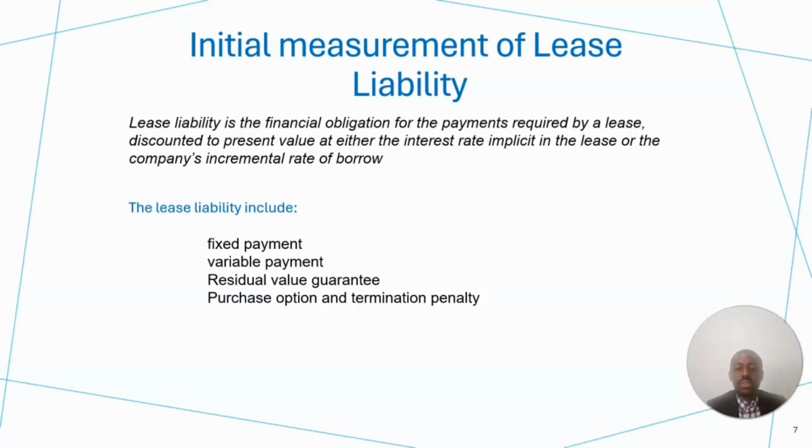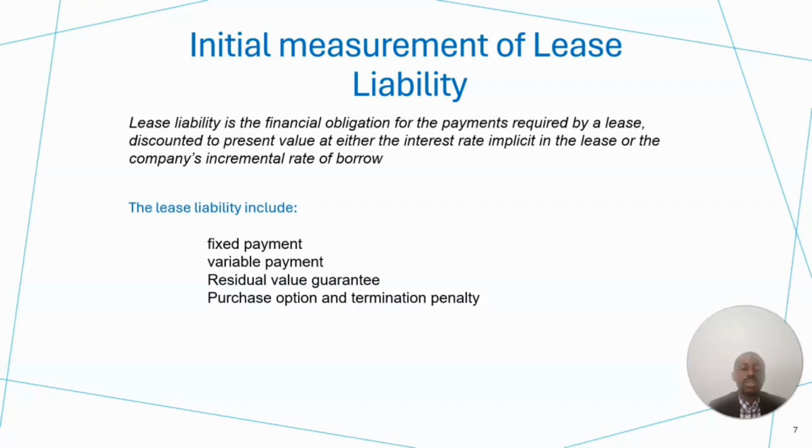You are guaranteeing the owner of the asset that he will be able to sell that asset for at least a value of 1 million. That residual value guarantee also forms part of the lease liability at initial recognition.